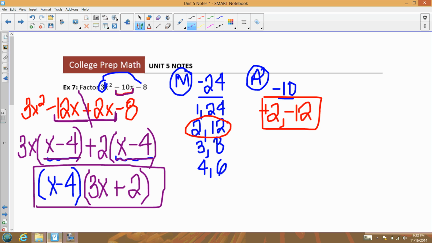Keep in mind too, this plus 2, it's always going to be in this stage where you have your binomial factors, so in this middle step, you should always have a plus or a minus sign between the 2 terms, because we just split this up, where I'm really looking at this as here's 2 terms that I'm doing a GCF factoring to, plus 2 more terms that I'm doing a GCF factoring to.